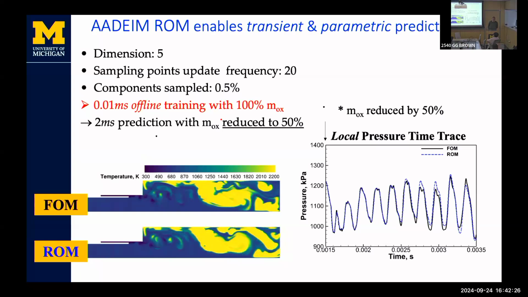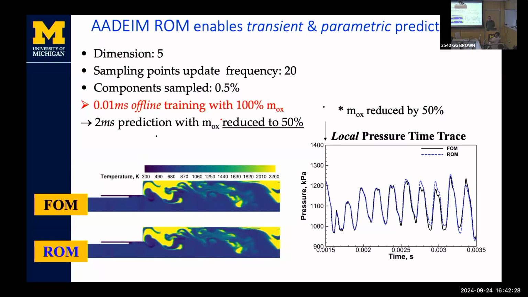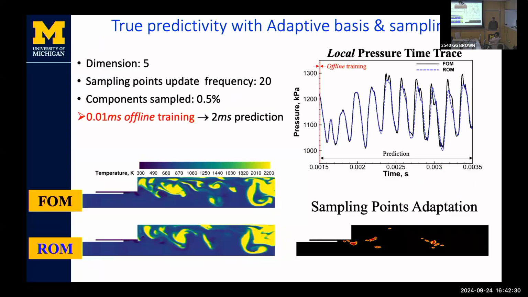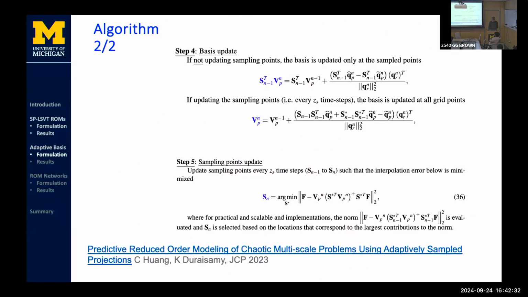Could you go again through the optimization for the sample points? Okay, so this is actually a very simple approach. We can reconstruct the full field solution, and we already have a basis from the previous time step. S is your sample point selector.